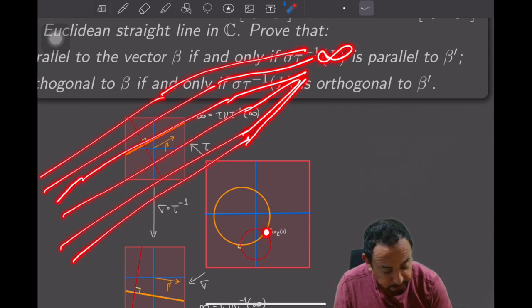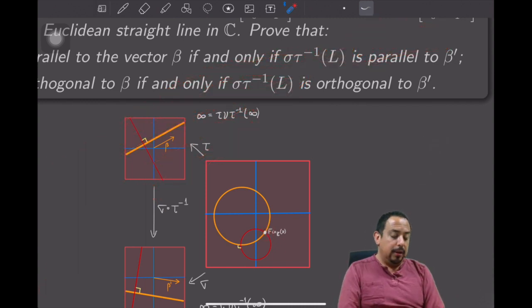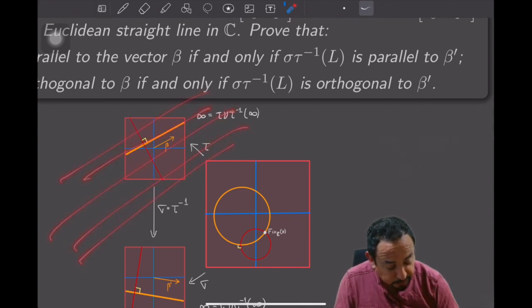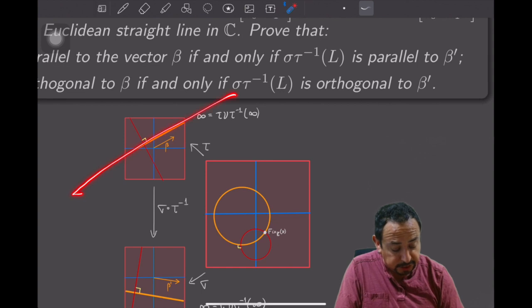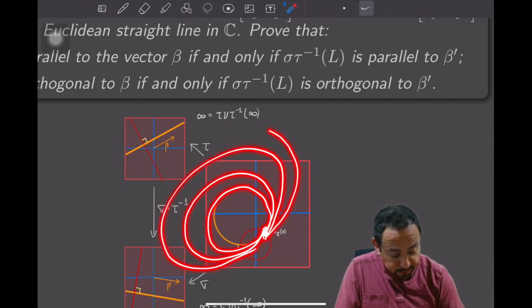Right? And then if I continue on the other side, the conceptual picture is something like this. The images under tau inverse have to be circles in C bar that pass through this fixed point. And since here any two of these circles share only the point at infinity, they have to be really tangent at the fixed point.